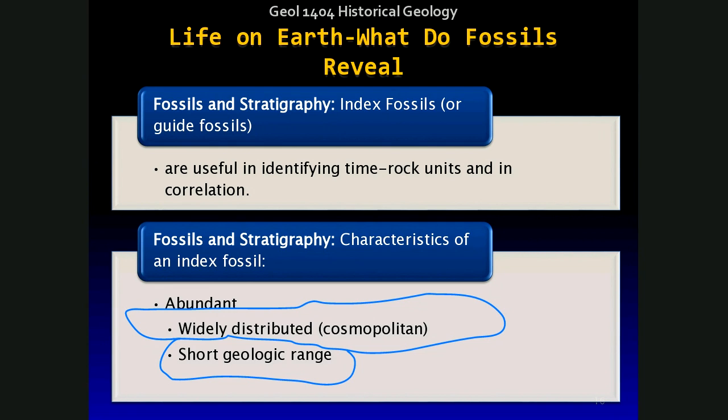And if an organism has a very short geological range, but during that short time period when it existed, it thrived and was widely distributed, then one can use the fossils of that particular organism as index fossils, because the presence of them indicates a particular interval of time in the geological chronology.